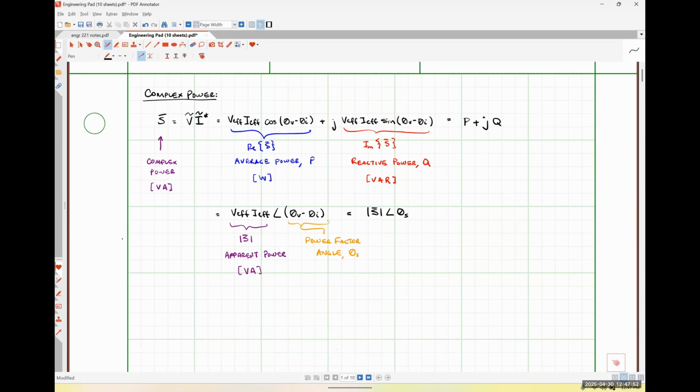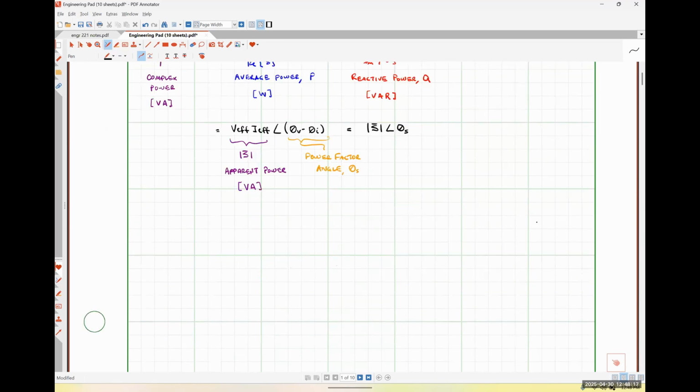Because if I know what the complex power is in both rectangular form and polar form, I know all of this information. So why bother memorizing a bunch of equations I don't technically need? Obviously, I do actually have them memorized because I don't have to bring notes for this, but I don't want you to be forced to memorize a bunch of equations that are kind of pointless if you know how to use your calculator correctly. Okay.